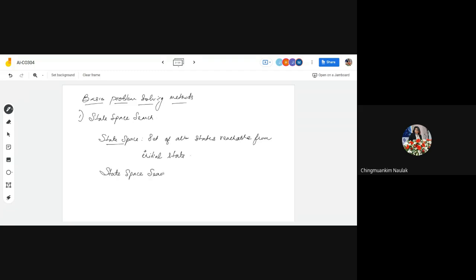State space search is the application of the operator. And what are these operators? These operators are nothing but you can either move upward, downward, left and right only. To the state you're going to apply these operators to each state and the subsequent transitions to the next state.